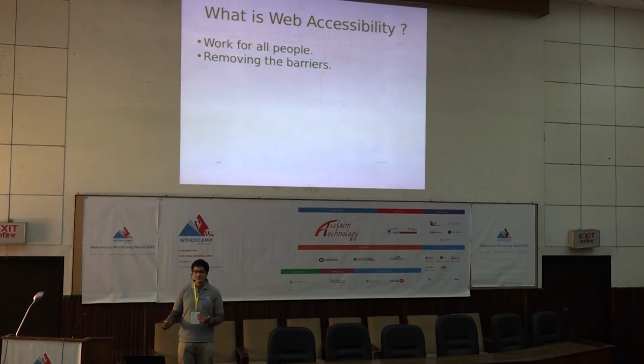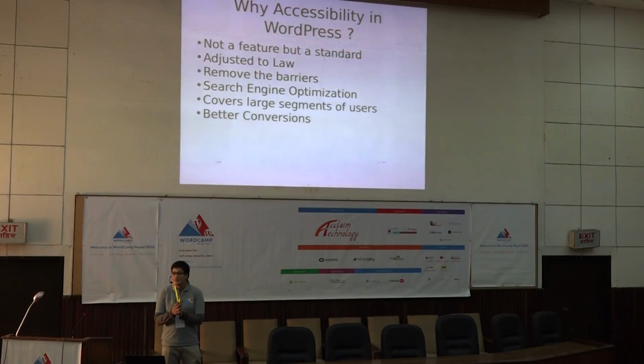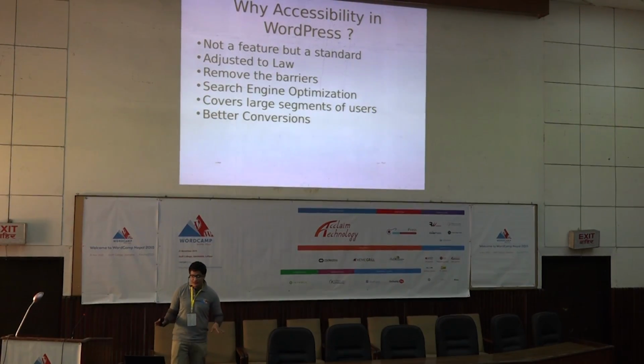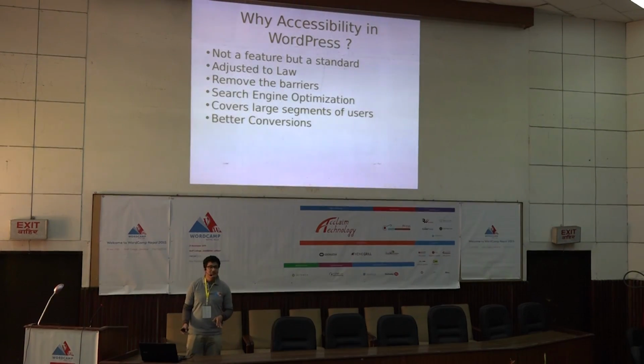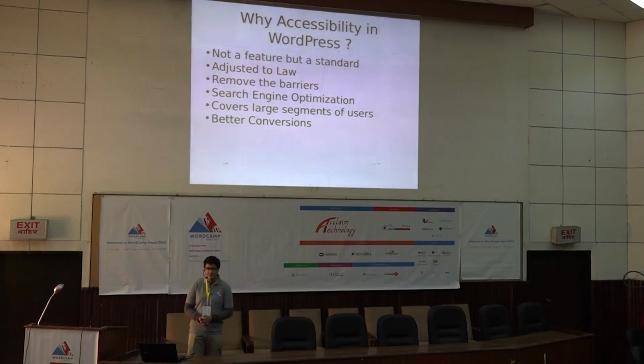Now, why is it needed in WordPress? It's not a feature. Let me explain. It's a standard that has been set, a standard followed by many countries and many corporate houses that need to provide accessible information to all. So it's not a feature but a standard, and it has to be adjusted to law.